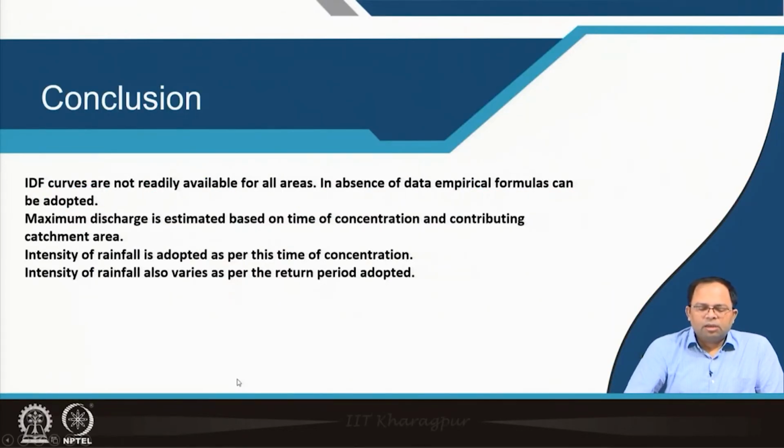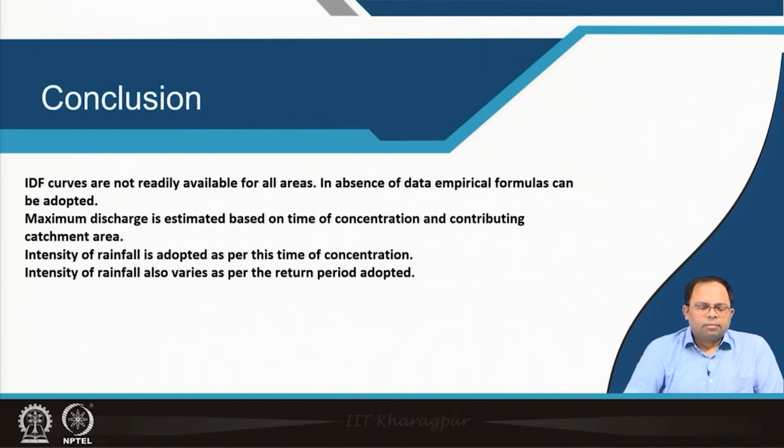IDF curves are not readily available for all areas. In the absence of data, empirical formulas can be adopted. Maximum discharge is estimated based on time of concentration and contributing catchment area. Intensity of rainfall is adopted as per this time of concentration, and intensity of rainfall also varies as per the return period adopted.